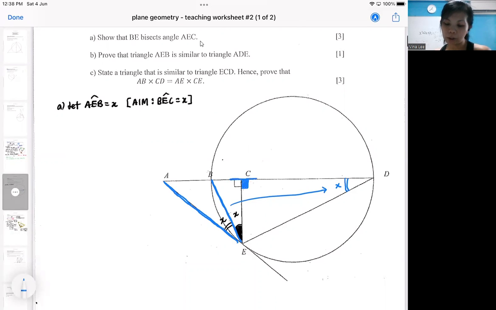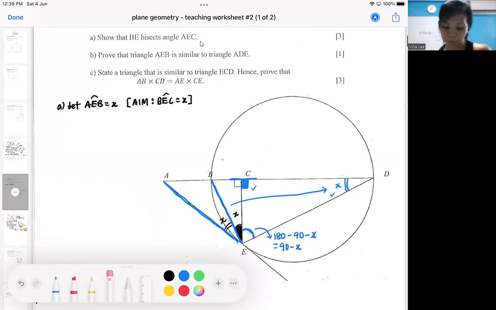So if you do 180 minus the 90-degree, you will get this. As you discover more angles, for example here, I can use angle sum of triangle, 180 minus 90 minus X, that will give me 90 minus X. So that is the angle sum of triangle.